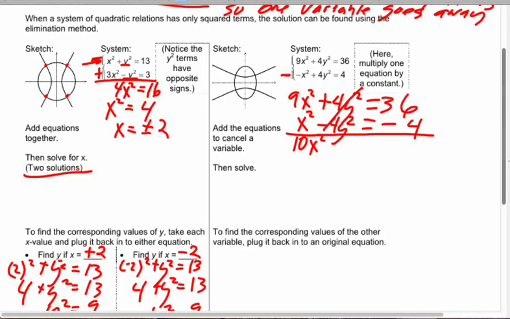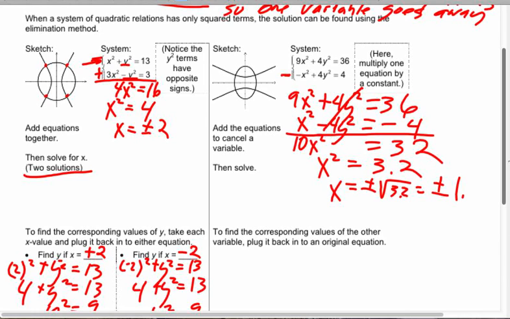These cancel out, equals 32. X squared equals 3.2, or x equals plus and minus the square root of 3.2, which is approximately equal to plus or minus 1.8.